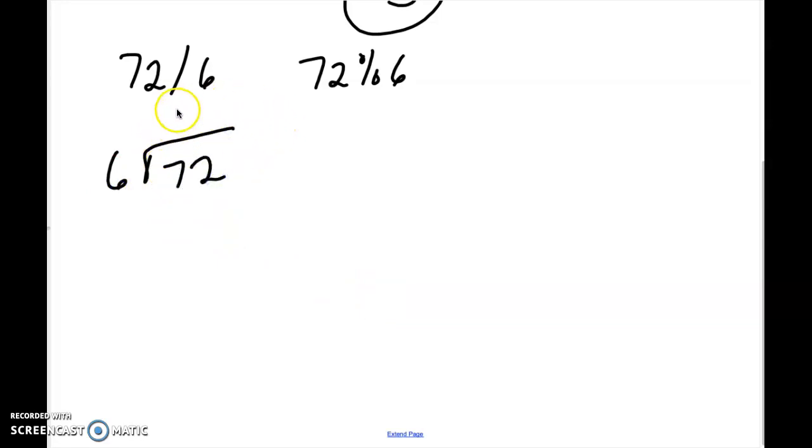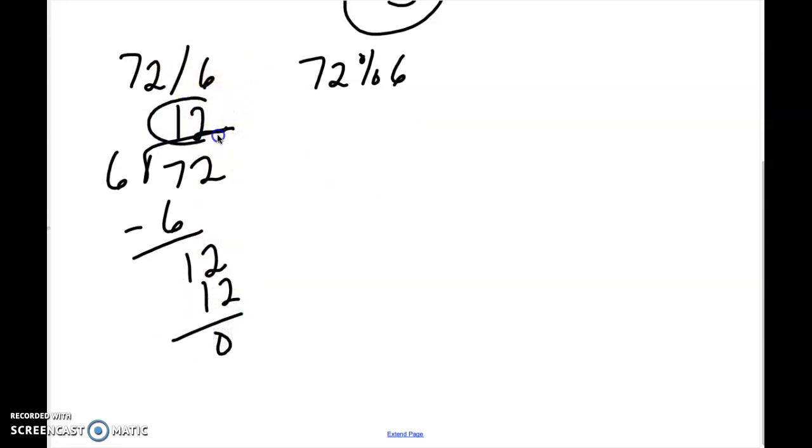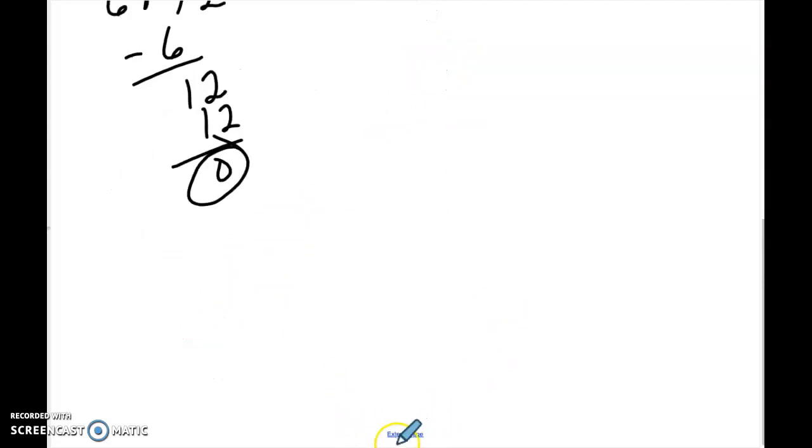So the top answer that I get in the end here, hopefully you all remember how to divide. So this is the answer to this problem. And down here is the answer to this problem.